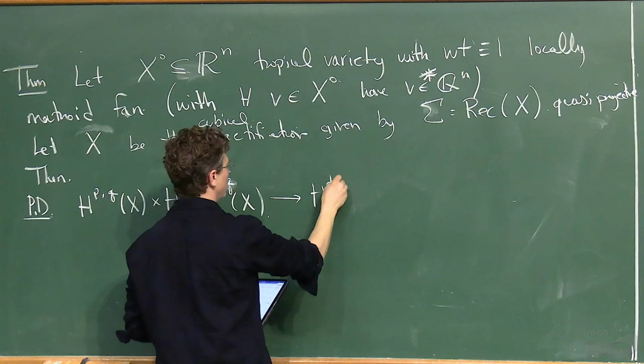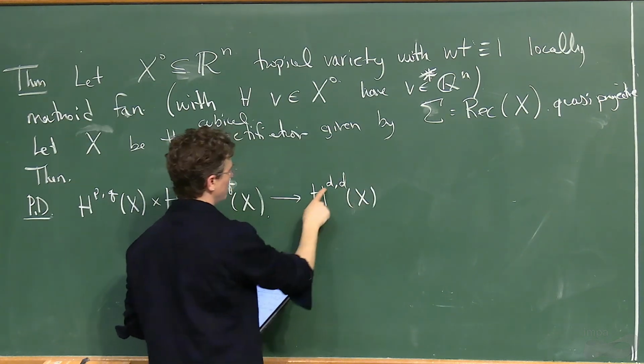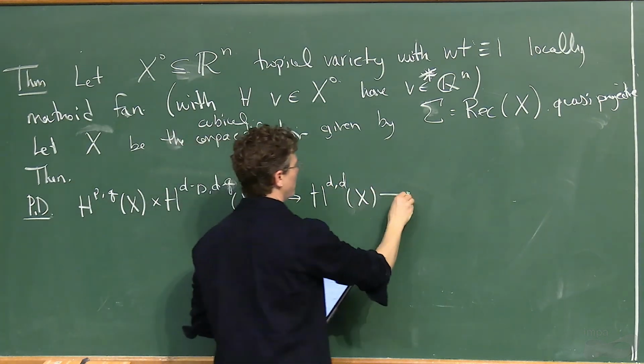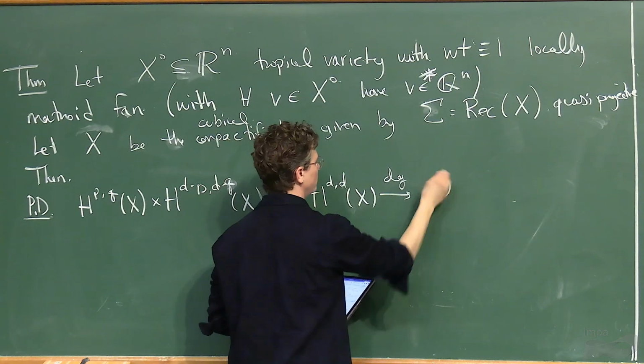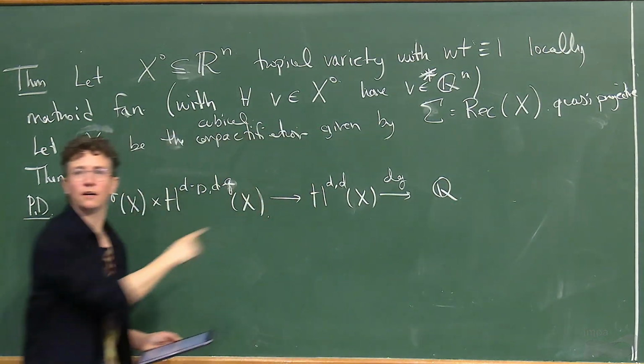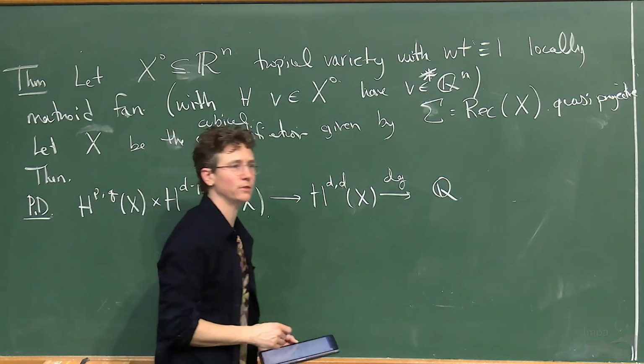And again, this is going to map to H^{D,D} of X, but then we can fix a degree map and we get to Q. This also works over Z, actually, but let me just use Q coefficients everywhere.